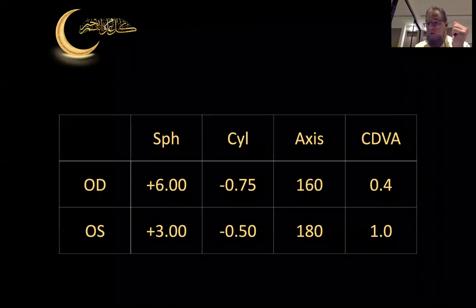Best corrected visual acuity is 0.4. The left eye is +3, minus 0.5, 180, and the best corrected visual acuity is 1 decimal. So as we see, there is anisometropia and there is amblyopia. And it is a hypermetropic case.